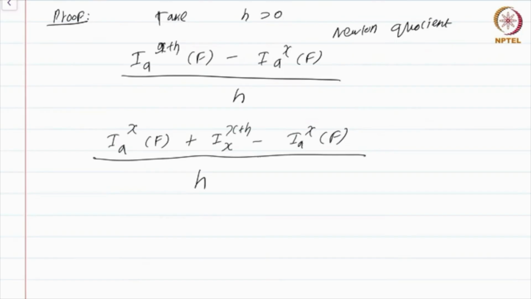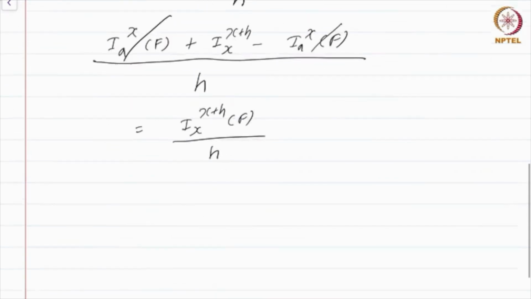Immediately we see that something nice happens. We are left with I_x,x+h of f. Now on [x, x+h], you are understanding why I have taken h greater than 0, so that the proof becomes easier to write down. Exactly similar arguments will hold when h is less than 0.